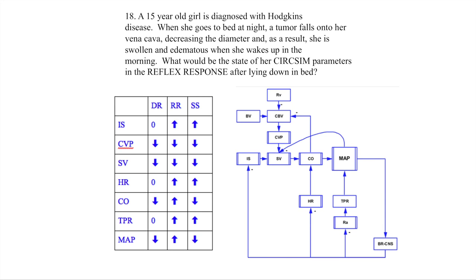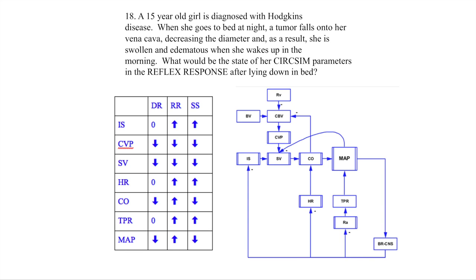This is our problem. This is basically straight out of CircSim, where the tumor falls onto the vena cava and it decreases the diameter. So this increases venous resistance, okay? And so that decreases central venous pressure because you've got increased pressure upstream of our decrease in diameter, our tumor falling on our vena cava.